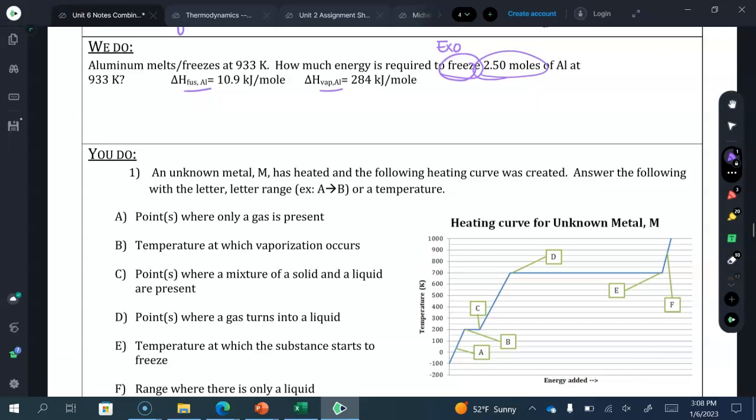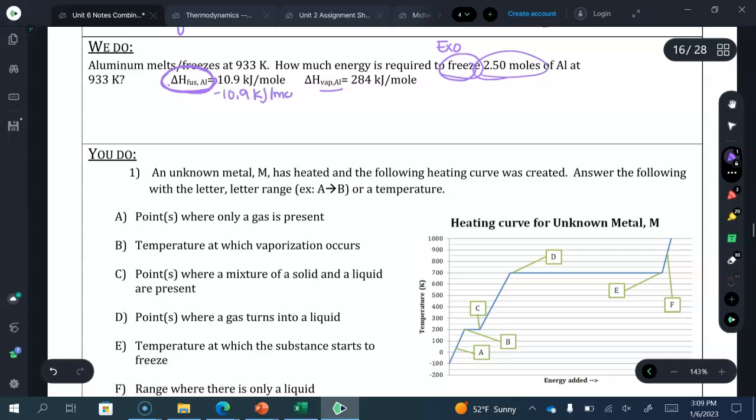Because you are freezing, you are going to fuse particles together. This is the melting and freezing point delta H, so we are going to use this one. But because it is exothermic, the value of that should be negative. Using Q equals n delta H, please pause the video and solve this for Q.